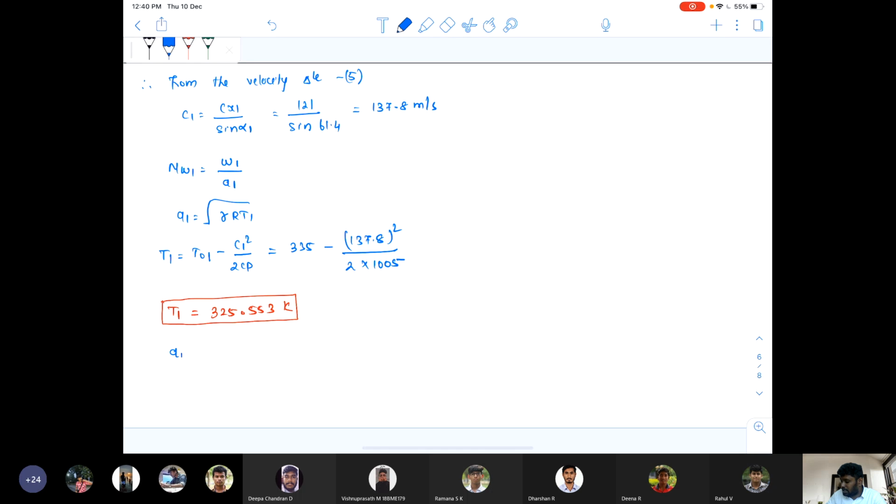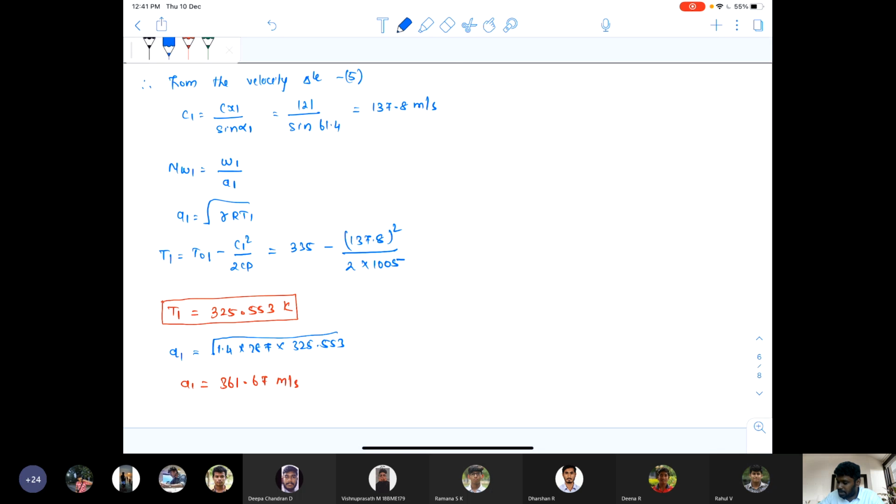The velocity of sound in the fluid will be the root of 1.4 into 287 into 325.553. On calculation, the value of A1 will be equal to 361.67 meter per second.